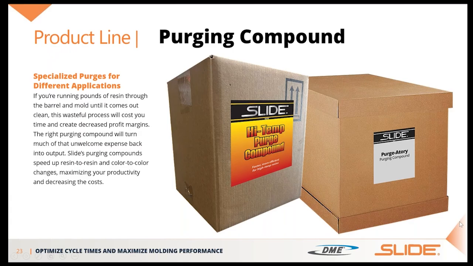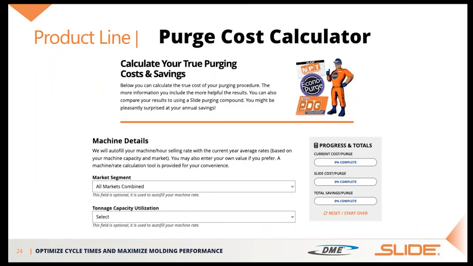Basically, I just went through all that. So, the purge cost calculator: yes, there's some cheap purging compound out there. I'm not going to beat around the bush there. You're going to have to think about the downtime, lost parts, QC issues, wasted resin, all those things.